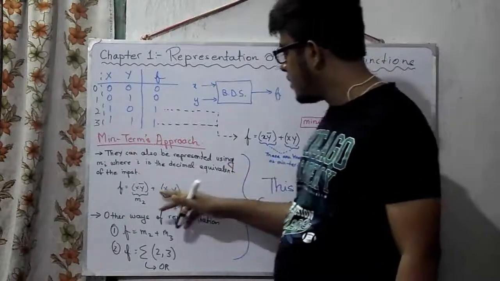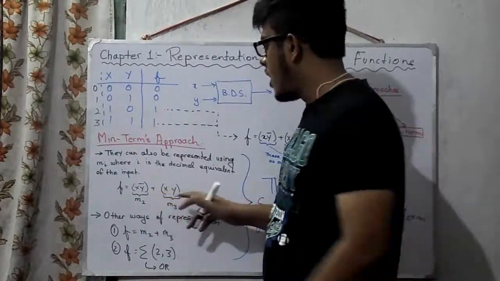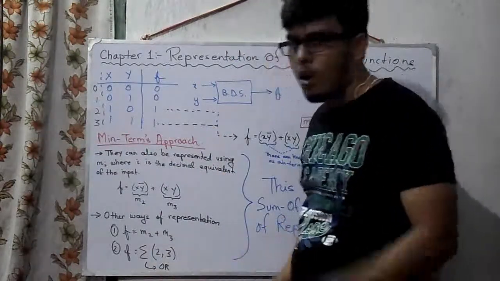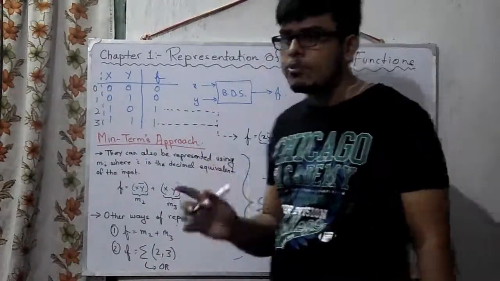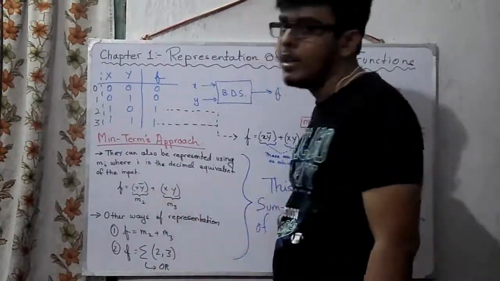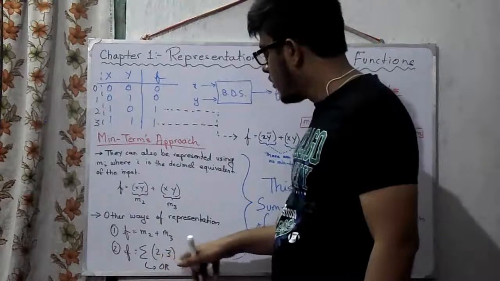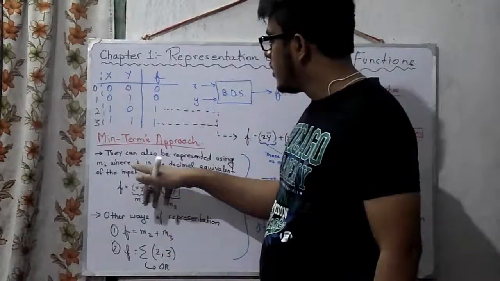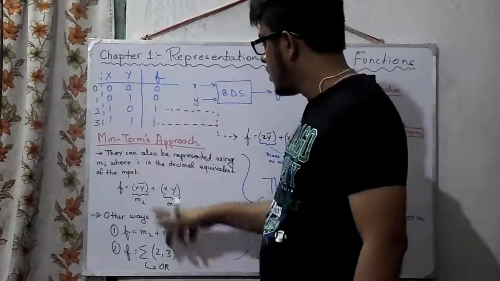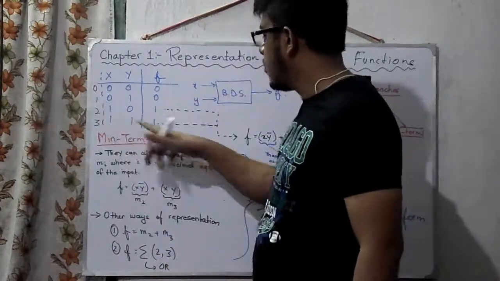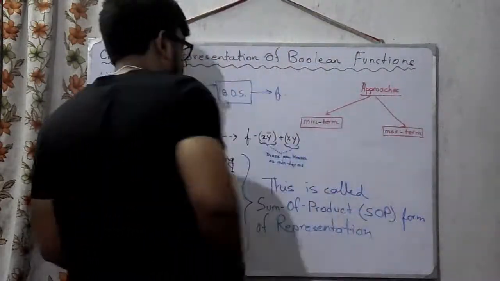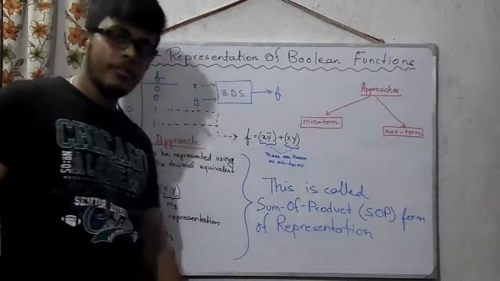We are performing an OR of AND operations, which is why we use the sigma symbol. Sigma mathematically means summation, so we are performing the summation of all the minterms here. The summation of 2 and 3 means the summation of the decimal equivalents 2, that is xy bar, and 3, that is xy. This MinTerms approach is also known as the sum of product form of representation.